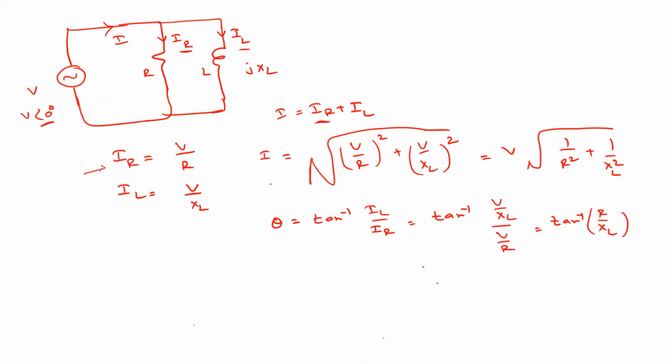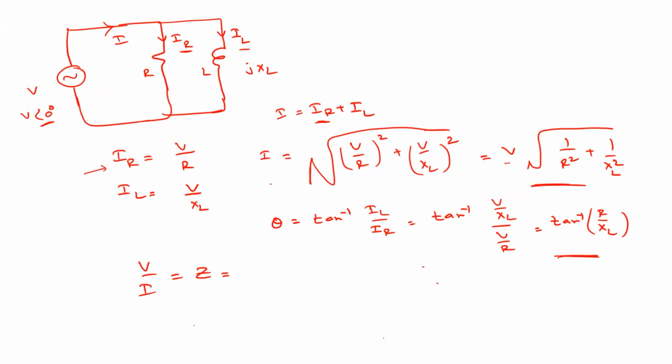We are doing these things in phasor notation, so it is easy. We have the current magnitude and the theta value. So V by I is equal to Z. How do we do V by I here?